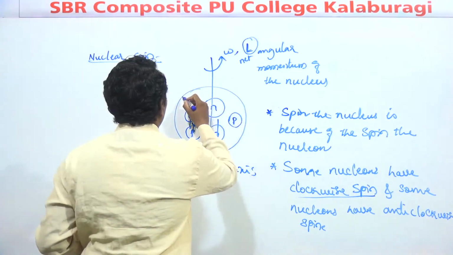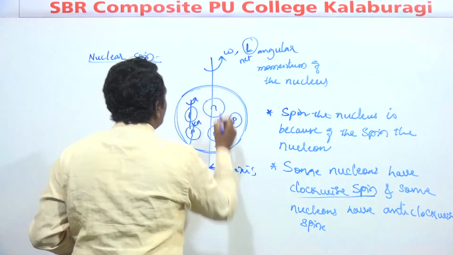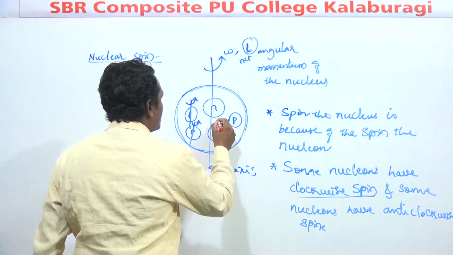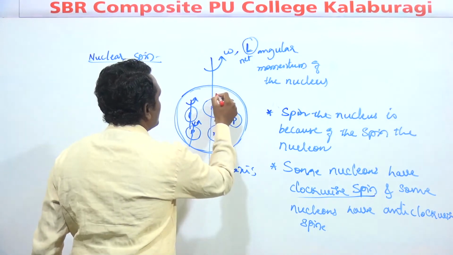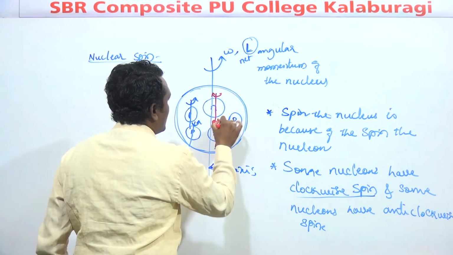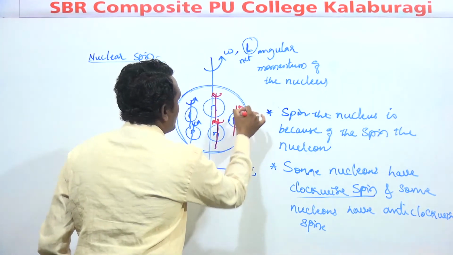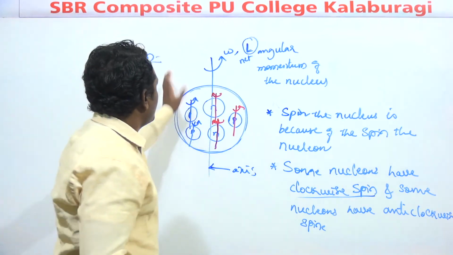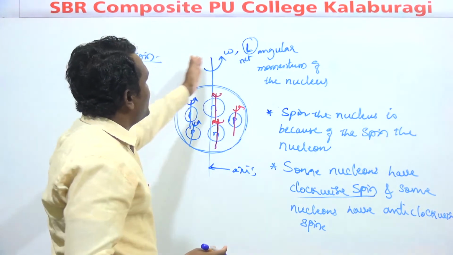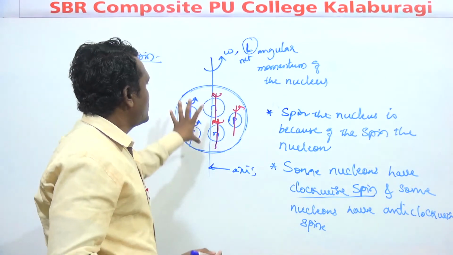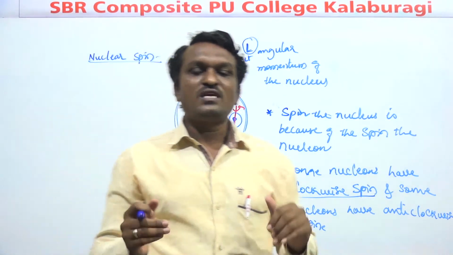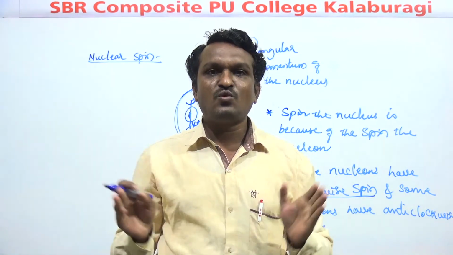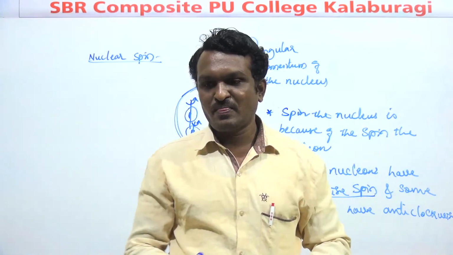So why does the nucleus have a spin? The spin of the nucleus is because of the spin of the nucleons inside the nucleus.